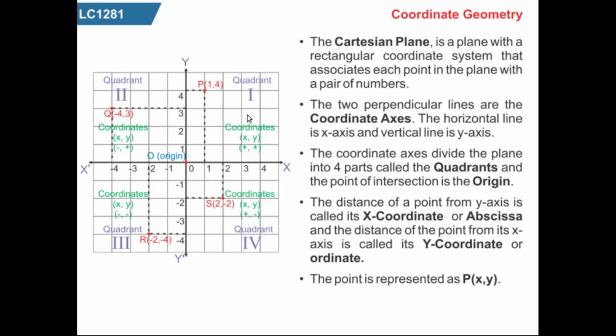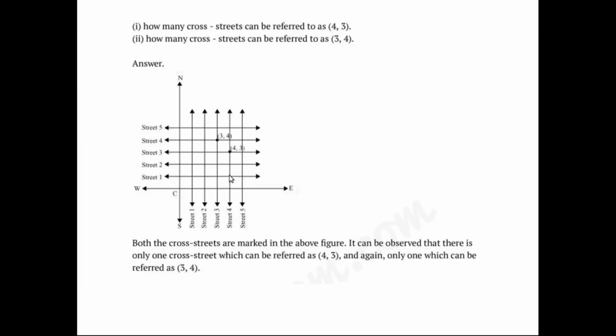So these are our different streets. How many cross streets can be referred to as 4,3? See here, 4 is the x coordinate, 3 is our y coordinate. So we have 4 here and then 3 here. So the point 4,3 is located here. We won't get the same point apart from this location.